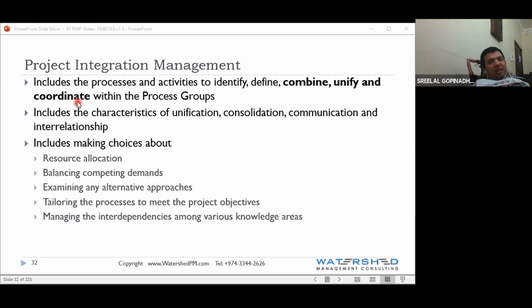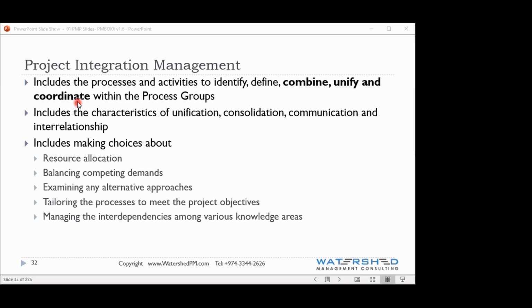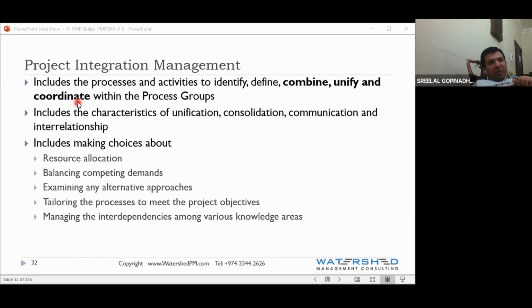Coordination has to be done between all the tasks, because any single change needs to be seen for its effect on the next task or next process group. At the planning, they need to coordinate for all the changes. Coordination is a common point. It has to come everywhere.